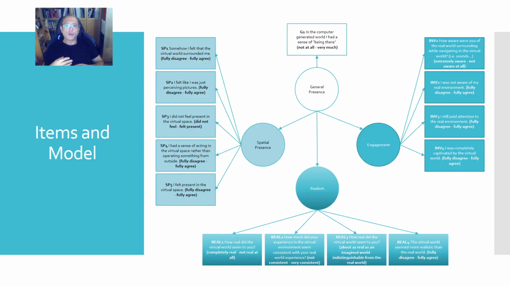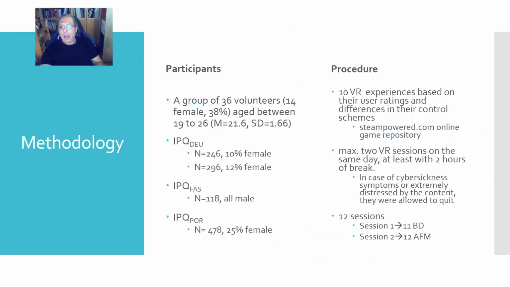We are trying to see if the English translated items are still capable of measuring these constructs and the general presence, or do they cause some measurement error. And here we had these 36 participants, quite lower than the participants of previous studies, a small number.